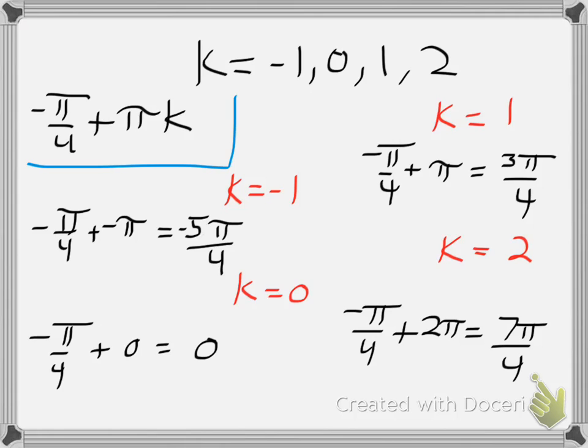And I want to do the same with negative pi over 4 plus pi k. So when k is negative 1, it's negative pi, which again is negative 4 pi over 4. When I combine those, I get negative 5 pi over 4. When k is 0, that should be negative pi over 4.